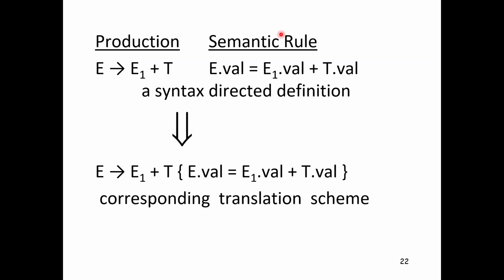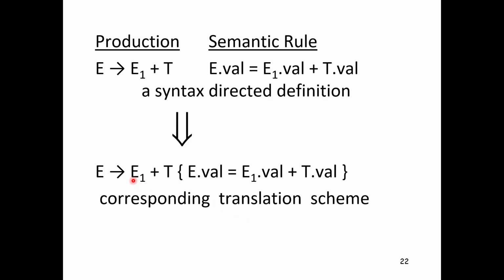This is the example: E gives E1 plus T. The semantic rule is E.val equals E1.val plus T.val. This is actually an example of a syntax-directed definition. Its corresponding translation scheme will have that semantic rule enclosed within braces, and this is called the translation scheme.